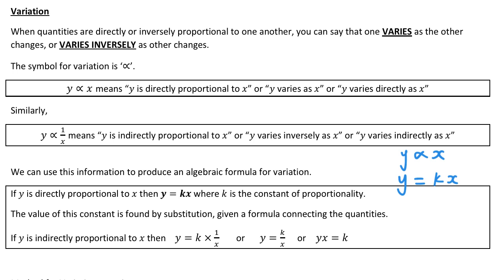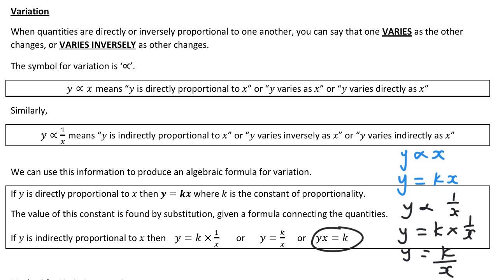If y is inversely proportional to x, then again we start off with y is proportional to 1 over x, so then y equals k times 1 over x, or y equals k over x. And by multiplying up by the x, we could get it into this yx equals k version.